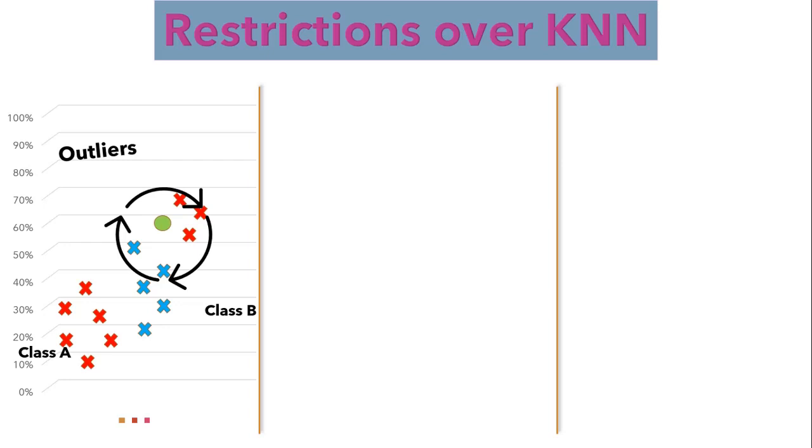Suppose there is an outlier present in the Cartesian plane for class A, and we want to predict for an unknown point lying somewhere around class B and the outlier. Then there may be a chance of getting the outcome as class A, even though, as you can see on the screen, it should belong to class B. So if we have outliers in our data, this algorithm will not perform well.